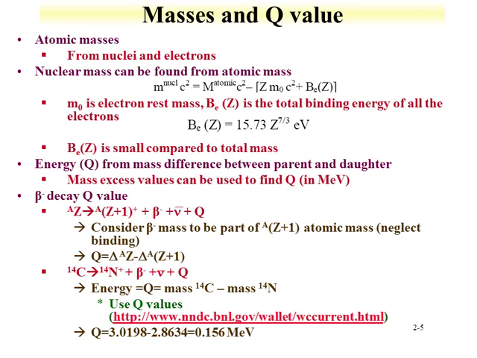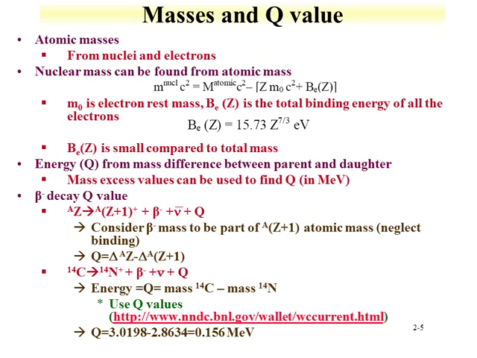So the Q value for this reaction, if I just looked at this and solved for Q, and we're going to say the mass of the neutrino is 0, or excuse me, the antineutrino, this is nothing more than the mass of the parent minus the mass of the daughter will give us Q, and that equation is listed right here. And I've already listed this equation directly in binding energy. So let's use an example.